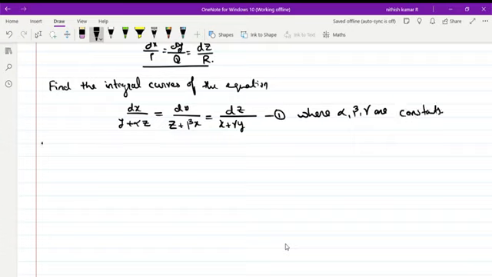So, solution. Using the multipliers, I'm taking three multipliers a, b, c, not all zero.